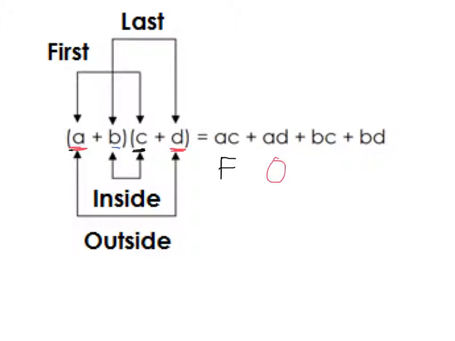You multiply the last terms in each set of parentheses. That gives you b times d. I skipped over the inside. The inside terms in each set of parentheses. That gives you b times c. FOIL: first, outside, inside, last.